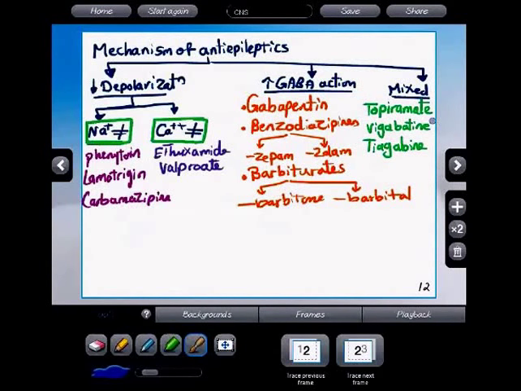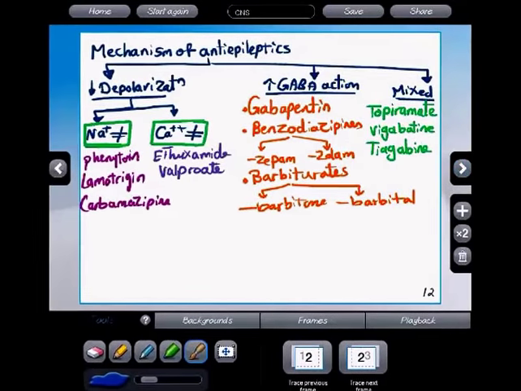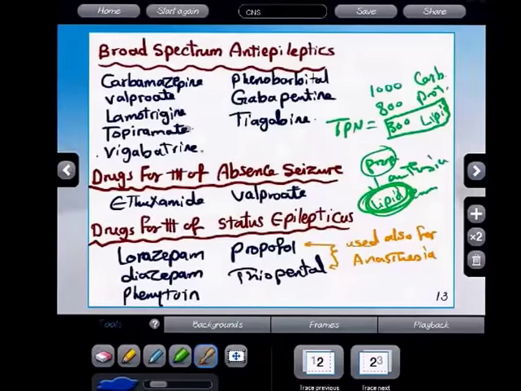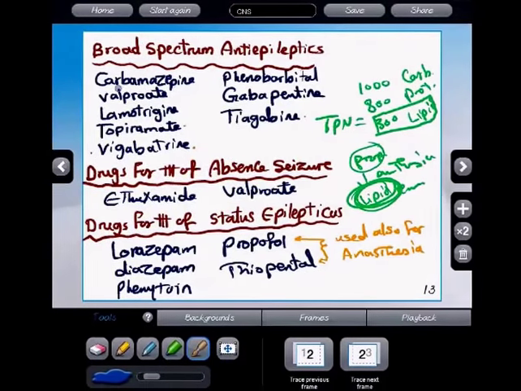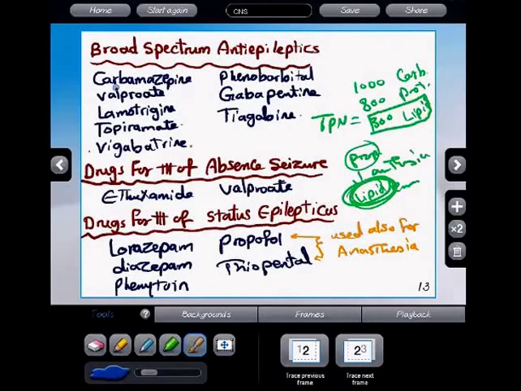And there is a mixed action, which has an effect on depolarization and an effect on increasing GABA action, like topiramate, vigabatrin, and tiagabine.